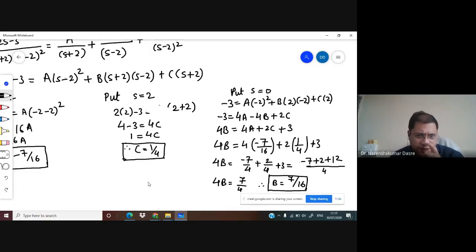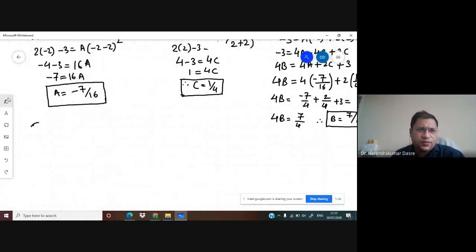Once we get the values of A, B and C, we are able to use equation 1, and then we are able to write this f bar of s.